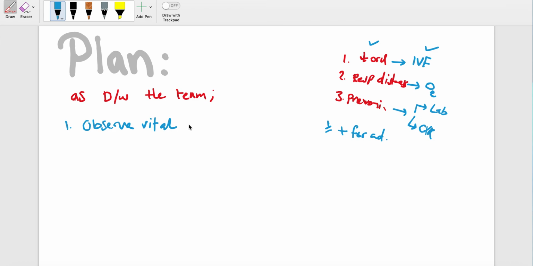Okay, and then you can say observe vitals for fever, so they can document each spike of fever, and then we can say continue, because patient is day 1 on antibiotic, or day 2, so continue on antibiotic, and you will write down what the antibiotic is, okay?